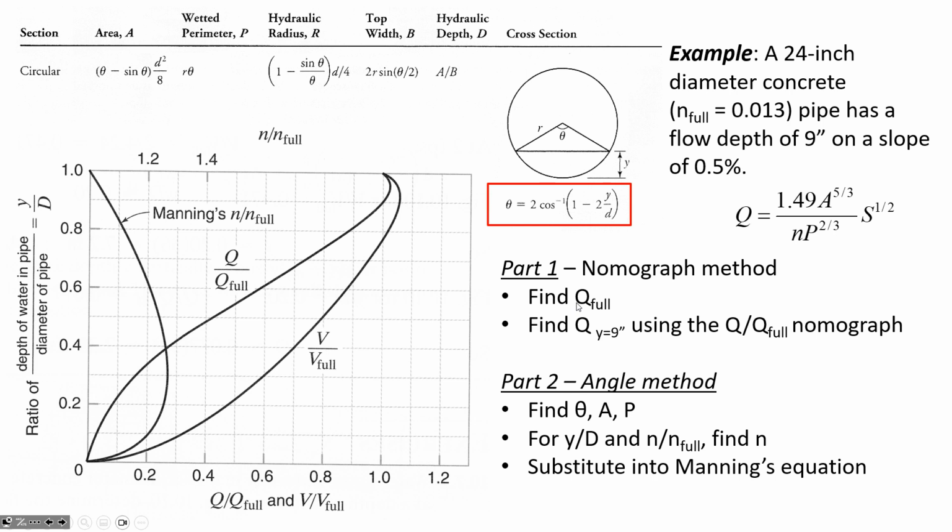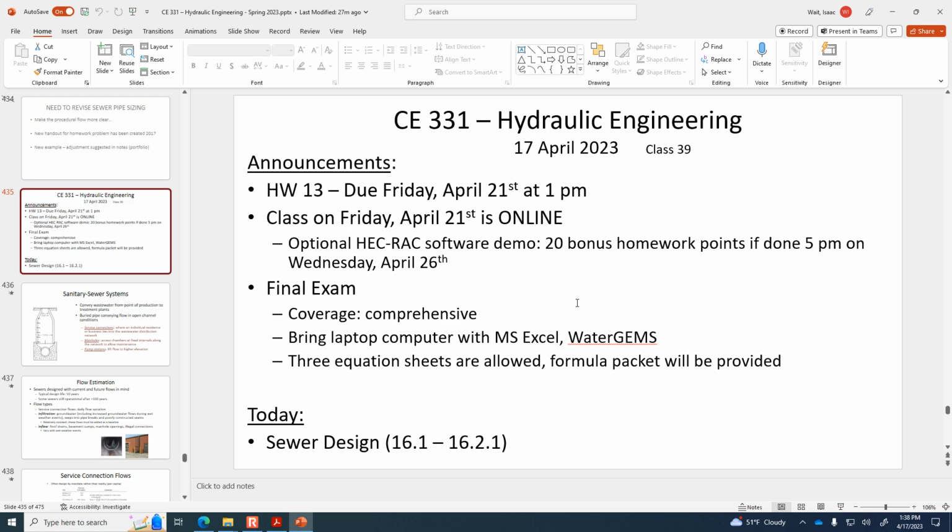I read that as 0.24. Here's 0.2, this would be 0.3, so it's like 4/10 of the way between the 0.2 and the 0.3. So I called that 0.24. So 0.24 is Q to Q full. All right, and let me just bring up the solution so that this is included in the video.